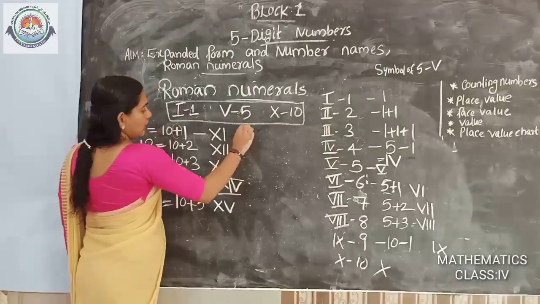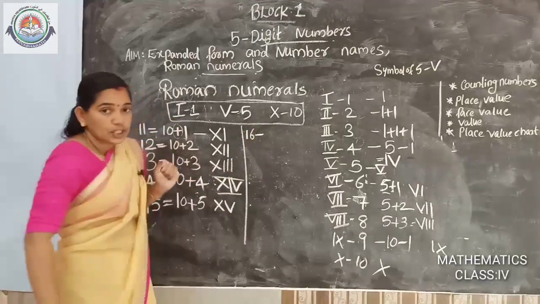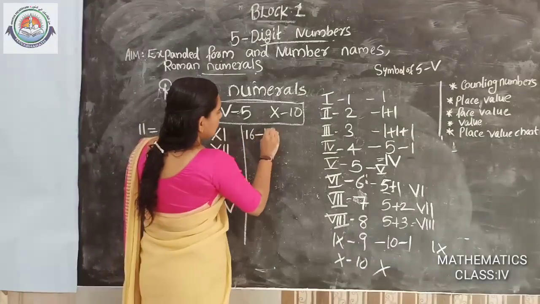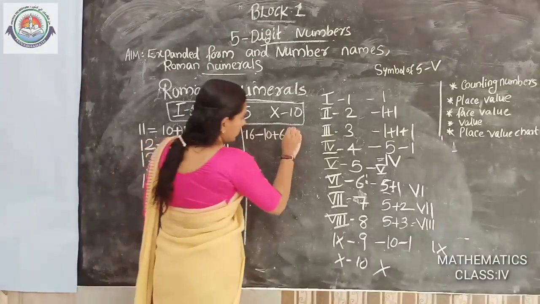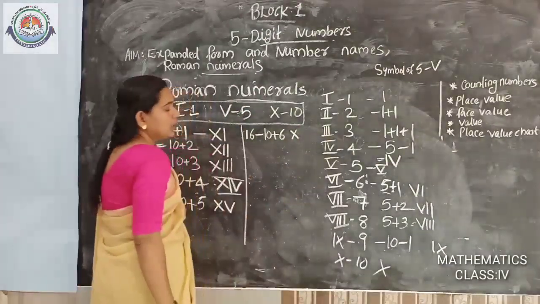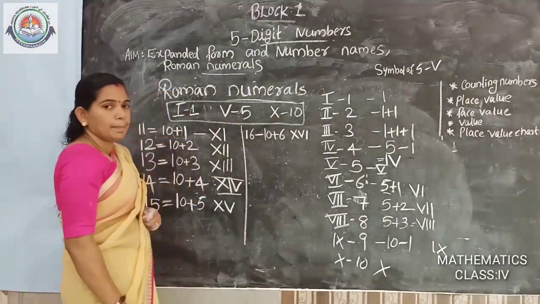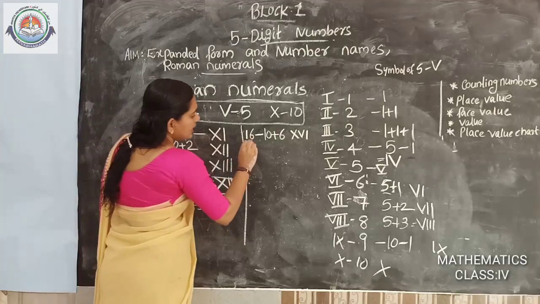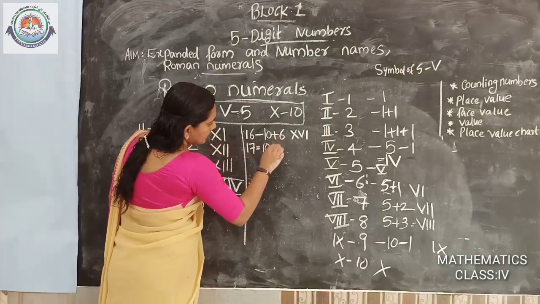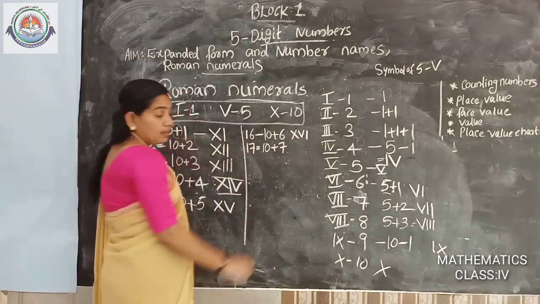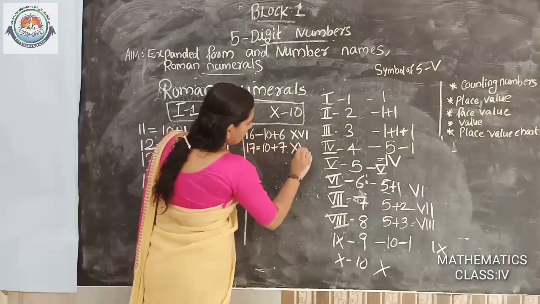Next 16. 16 we can write 10 plus 6. What is the symbol of 10? Then symbol of 6. 17. 10 plus 7. So symbol of 10 is, then symbol of 7.